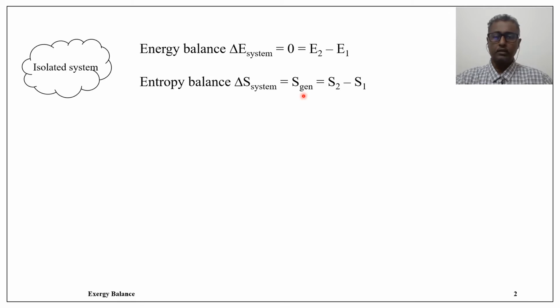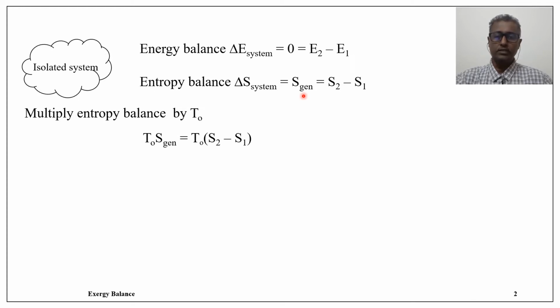Multiply the entropy balance equation by T naught, which is the temperature of the surroundings. Upon multiplication, it yields T naught S generated is equal to T naught times (S2 minus S1).